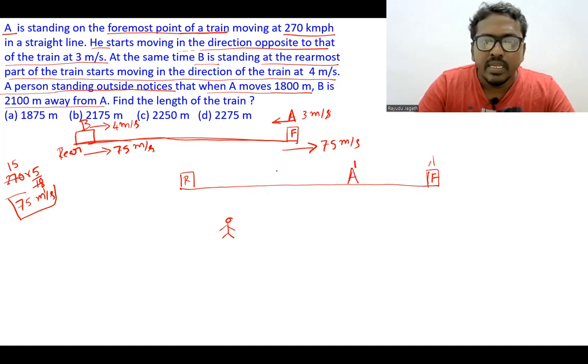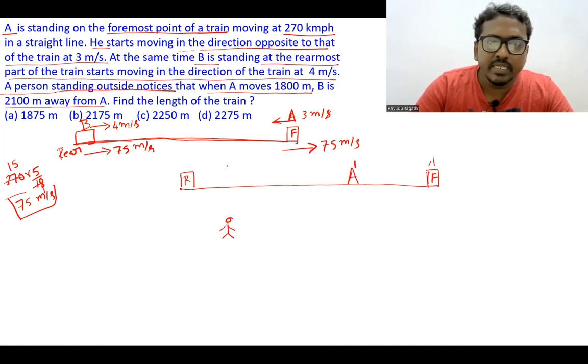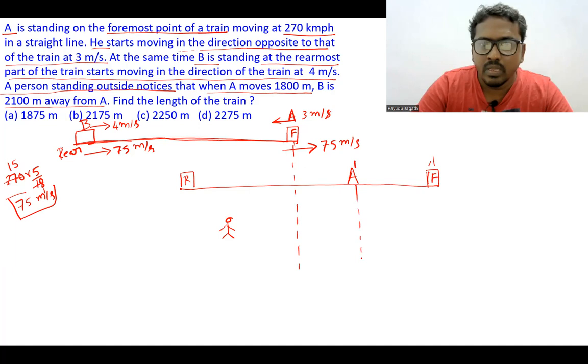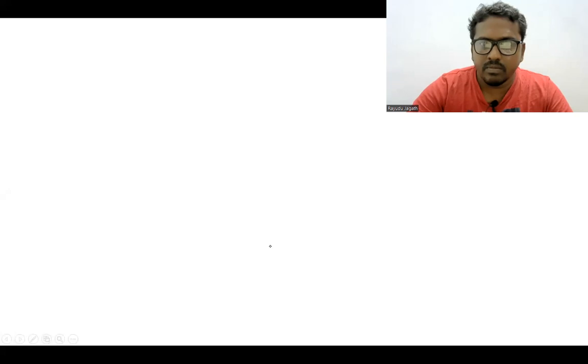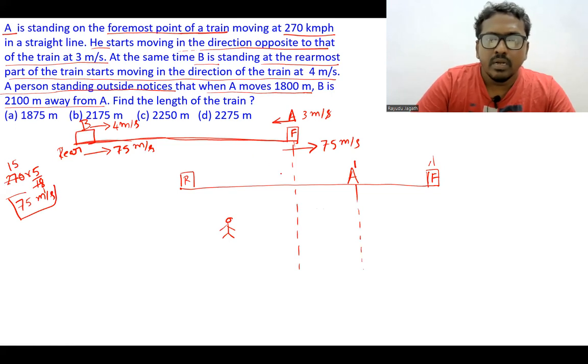So actually he observed that A has changed its position by 1800 meters. Earlier a person observed that A is here at this point.